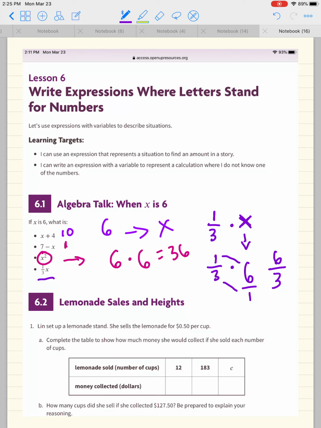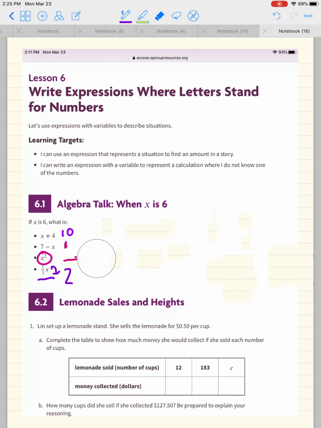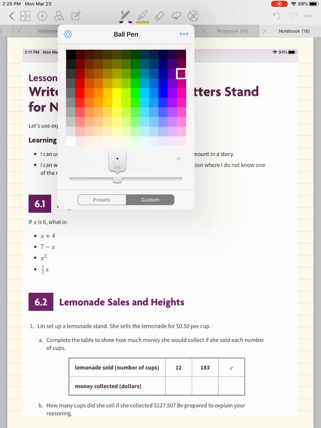And we have 6 over 3. Now 6 over 3, or 6 divided by 3, can be reduced to 2. The answer to this one is 2. Okay. If you have questions on this one, please let me know. I'm going to go ahead and move on to 6.2.